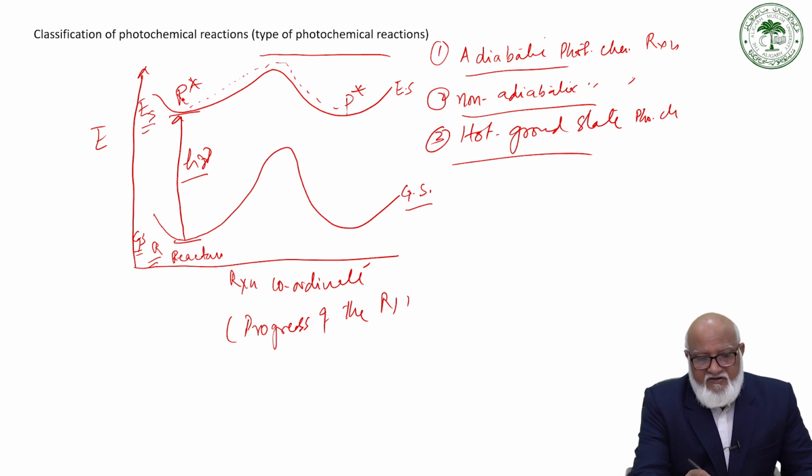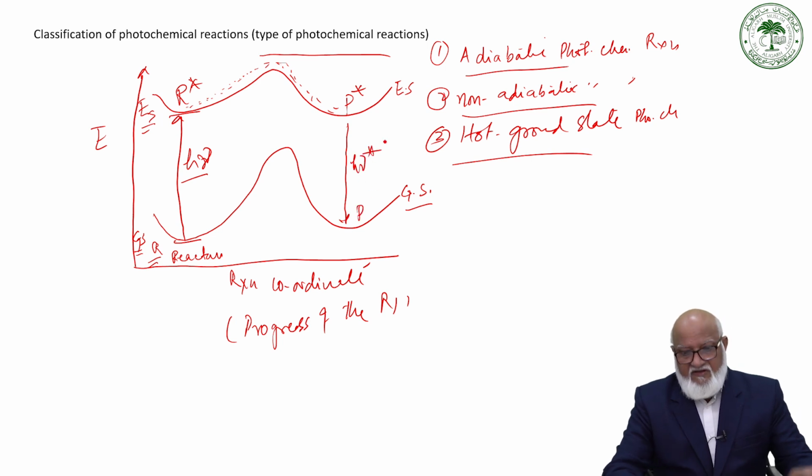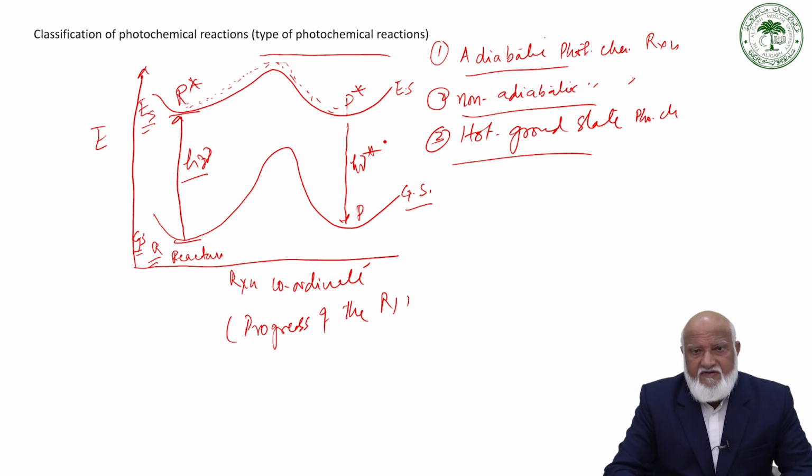R star moves on the surface of the excited state curve and transforms all the way to the product, the excited state product. P star is the excited state of the product, and then this comes back to the ground state product by losing light. This is mainly fluorescence and phosphorescence.